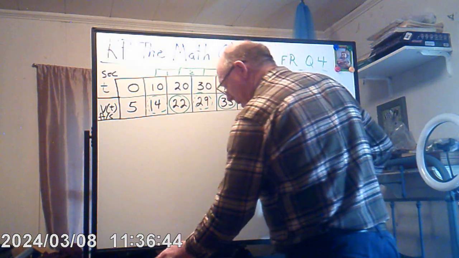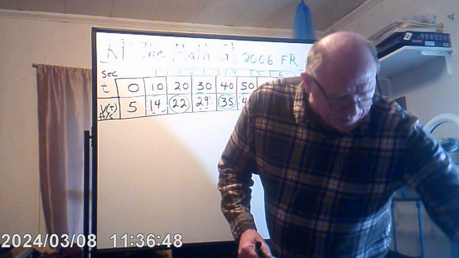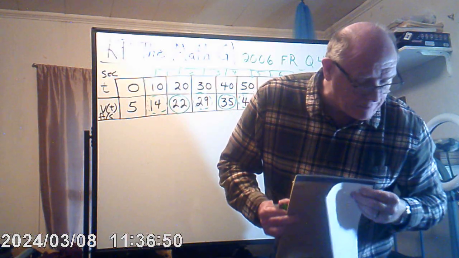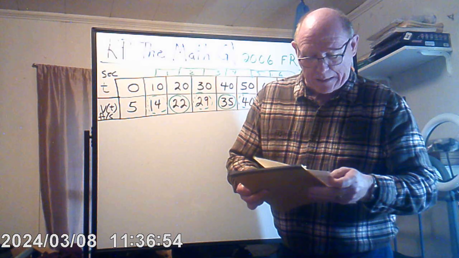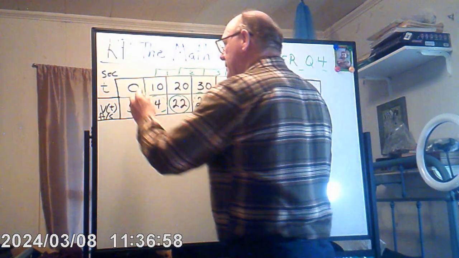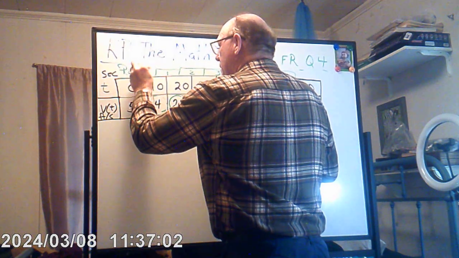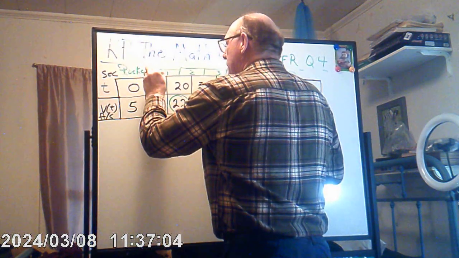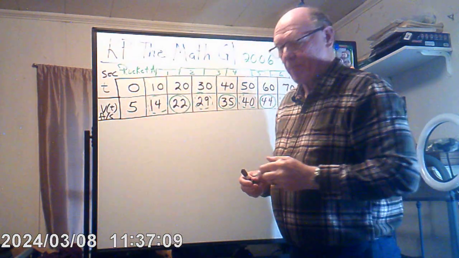Now, this is, by the way, oops, I want to say this is rocket A. Alright, so this one's going to be rocket A, given by this table right here. Okay.